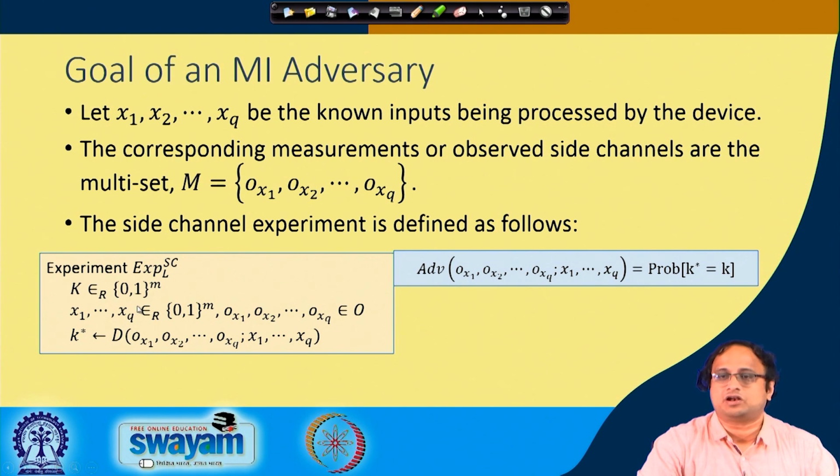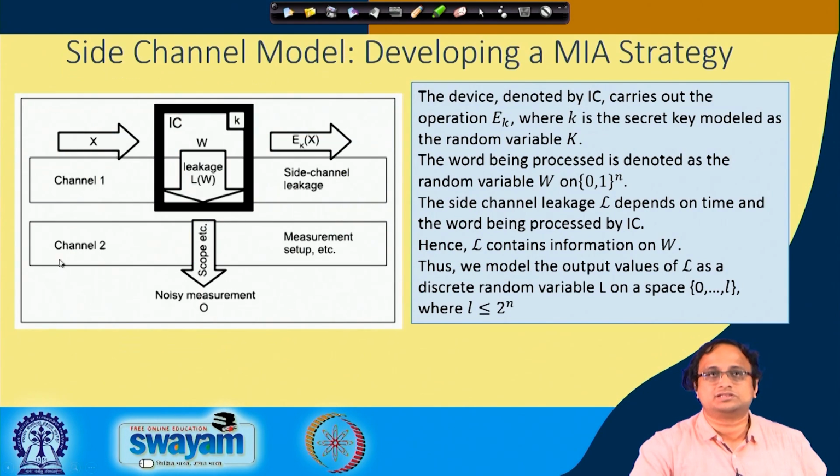You guess a part of the key. This is denoted as K, for example, and using this guess you calculate the values of the intermediate target register, which is W, which I denoted in this diagram. So, this W is estimated based upon the input X and also the guess which you make on the key.